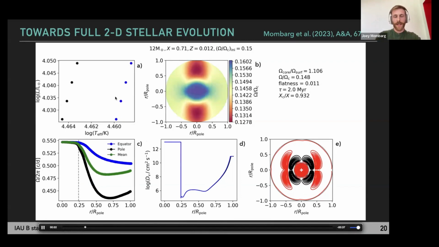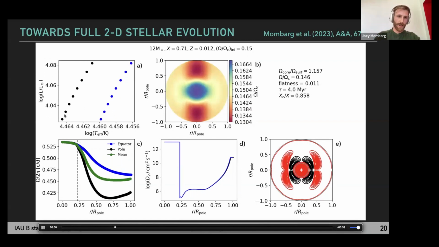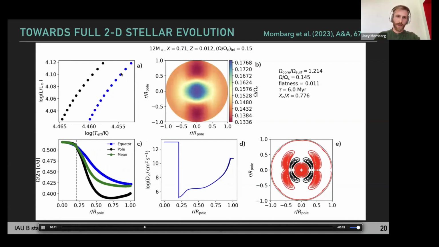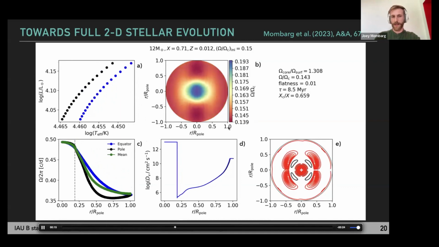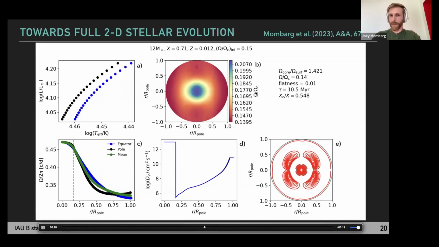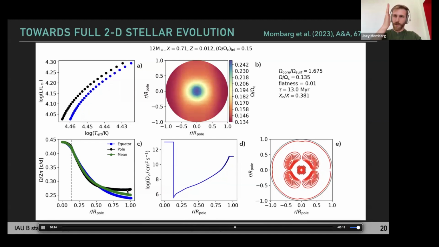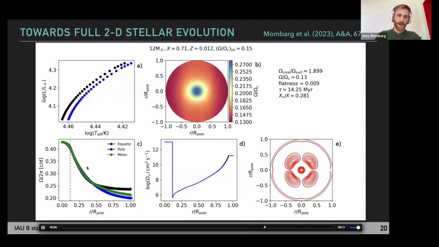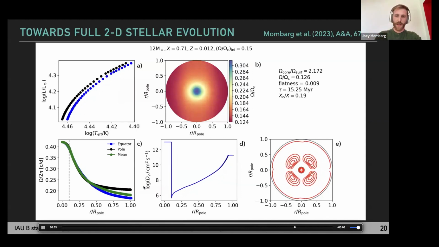In panel A we see the evolution track in the HRD, where the black dots are the effective temperature at the pole and the blue ones at the equator. In panel B, we have the 2D rotation map scaled with the critical Keplerian rotation rate. In panel C, the 1D cutout of this 2D map, where the green dots are the angularly averaged rotation profile.